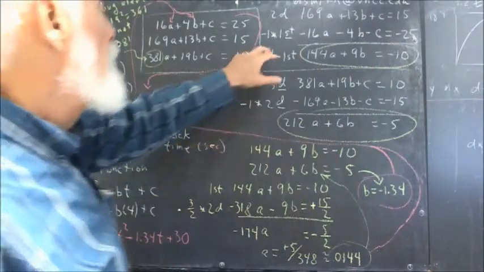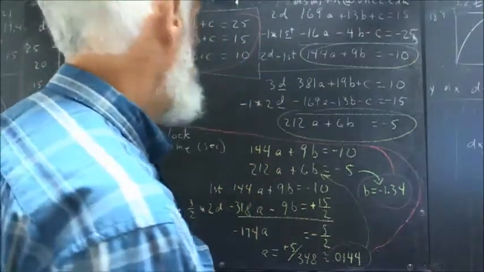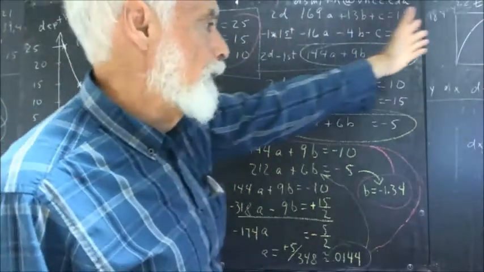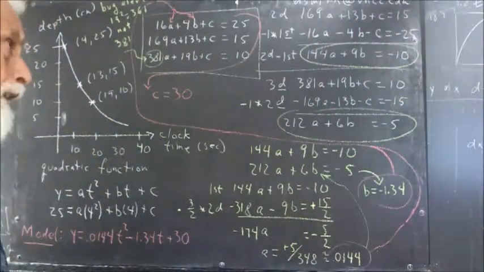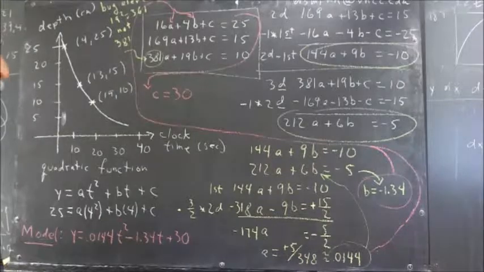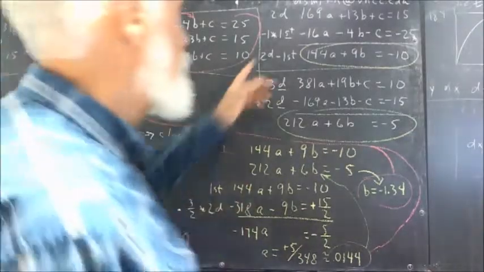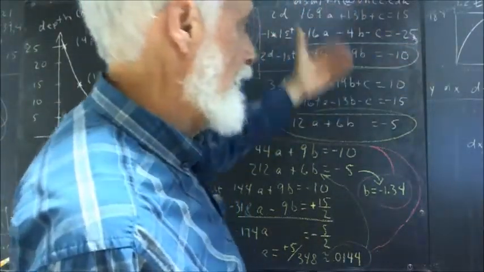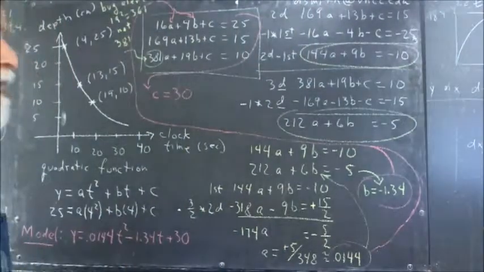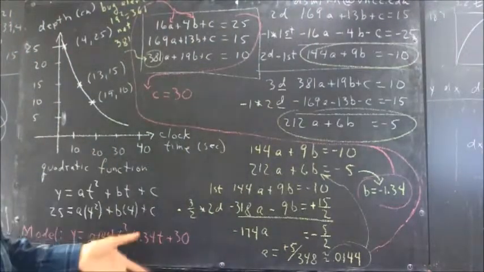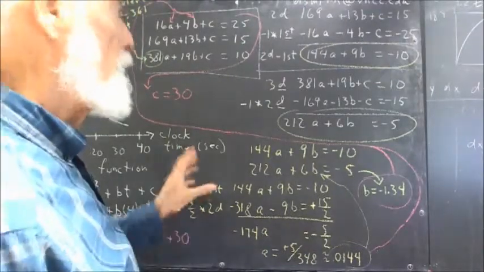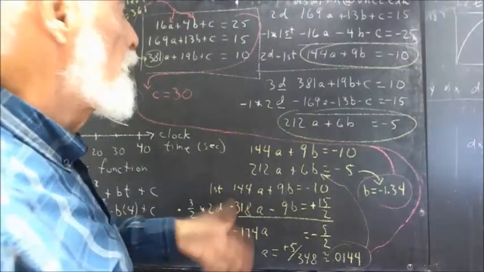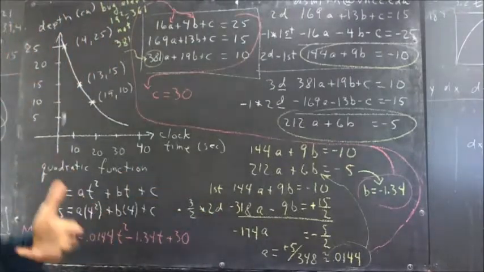Then I've done -1 times the first equation. Now, I could have just written the first equation down here and subtracted, and that probably would have been okay. But I prefer to multiply through by -1 and then add. People make more mistakes when subtracting than they do when adding, even if there are negative signs involved. And if you're subtracting and negative signs are involved, then it gets really easy to make an error.